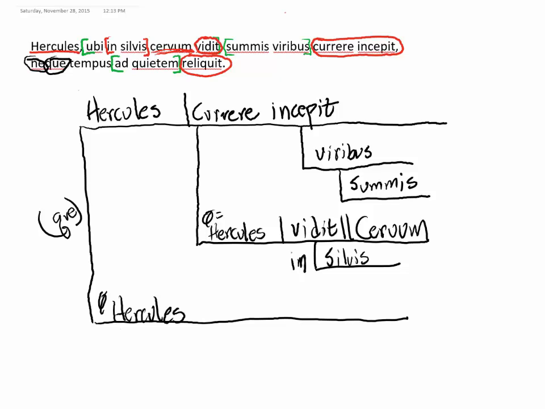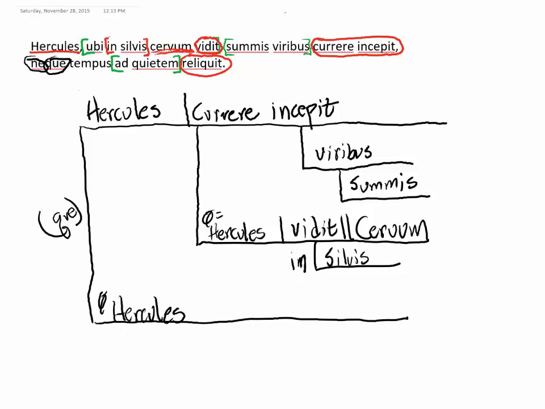And then tempus, remember, is a neuter noun, which means that it's going to have the same form in both the nominative and the accusative cases. So how do we know whether this is nominative or accusative? Well, the most important clue is context here, which is that Hercules is doing one thing, Hercules began to run, and left or didn't leave.